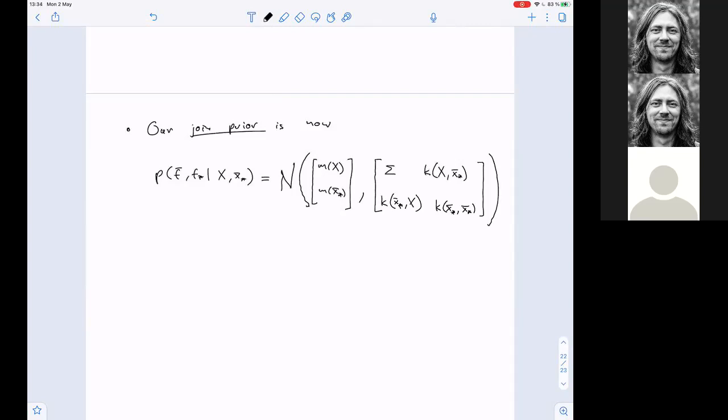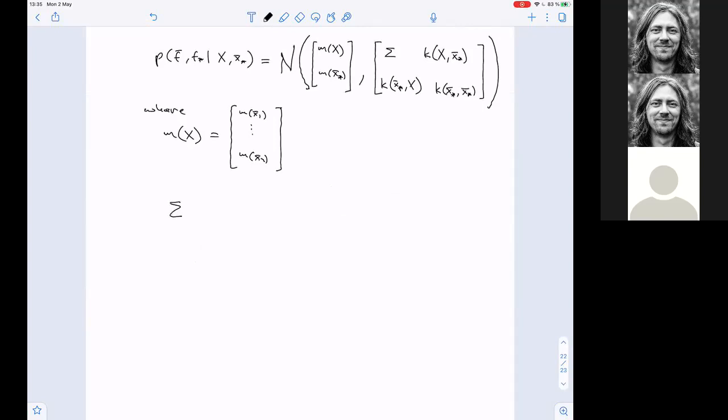So the notation here, where this M of the X matrix, what we mean by that is M of X1, and so on, down to M of Xn.